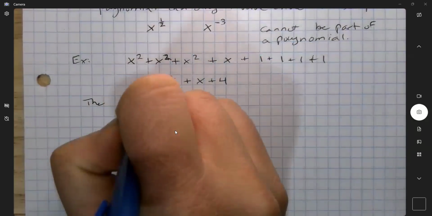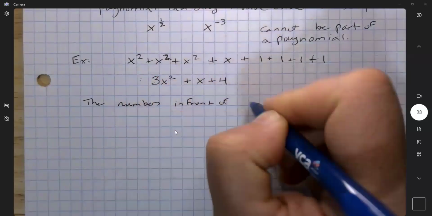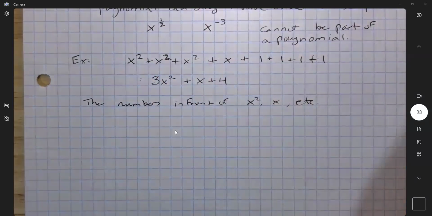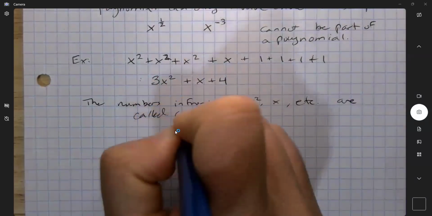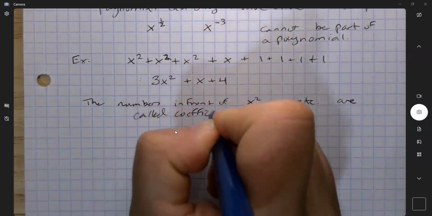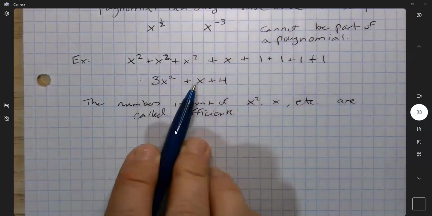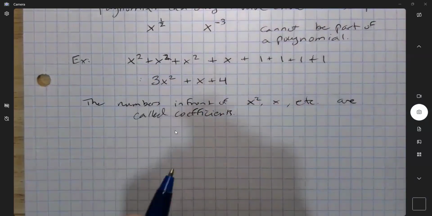The numbers in front of x squared or x or any other power of x, etc., are called coefficients. So our coefficients here are 3 and also 1 because a single x would have a 1.